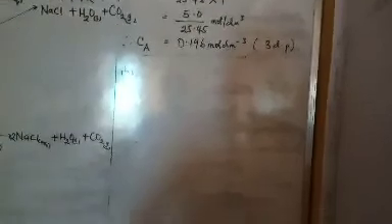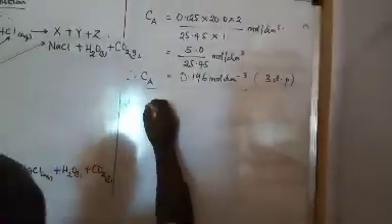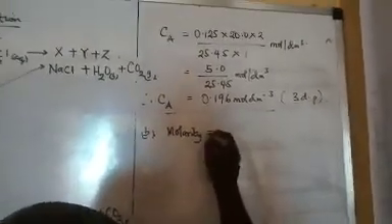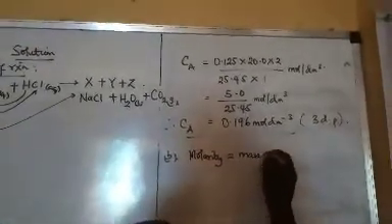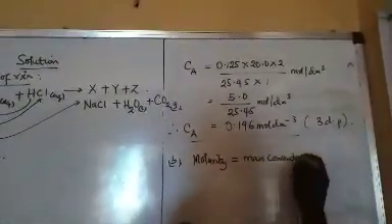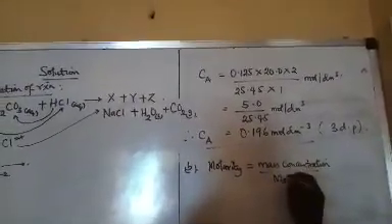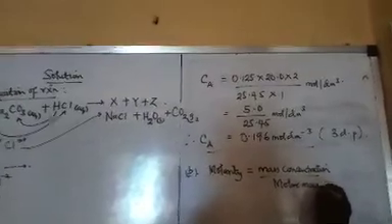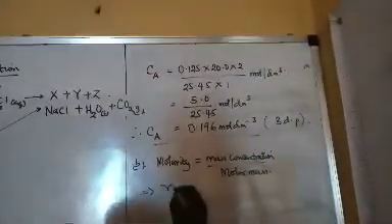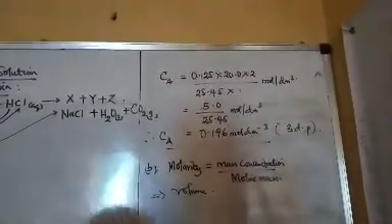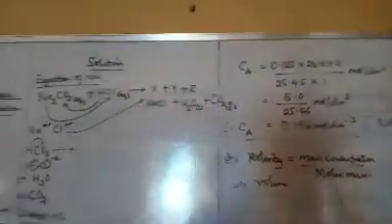Because if you recall, you are going to work with a lot of things. Molarity is equal to mass concentration over molar mass. And in this case now, volume is added to it.